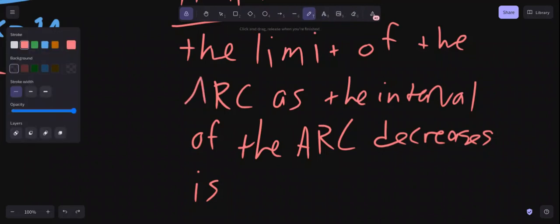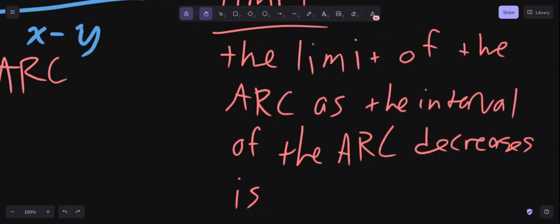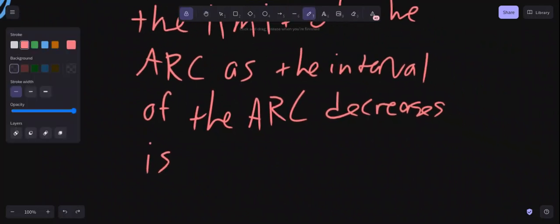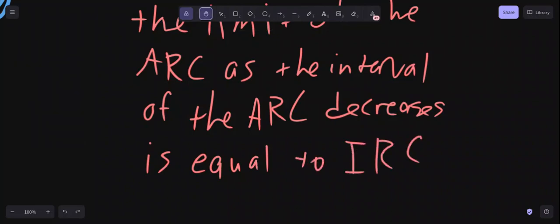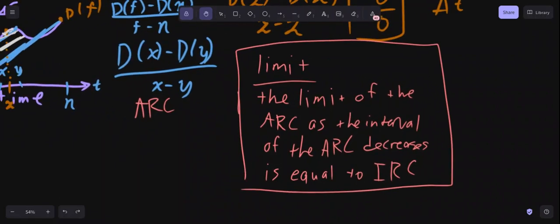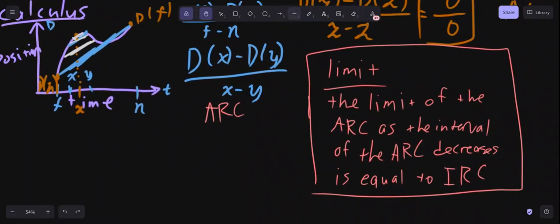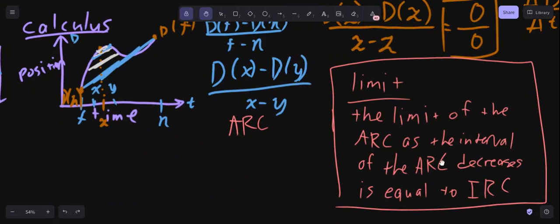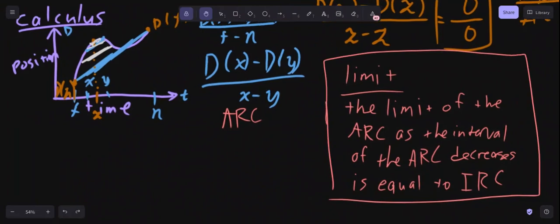So the limit of the average rate of change as the interval of the average rate of change decreases is equal to the instantaneous rate of change. So this over here is essentially the foundation for instantaneous rate of change. The limit of the ARC as the interval of the ARC decreases is equal to the IRC.